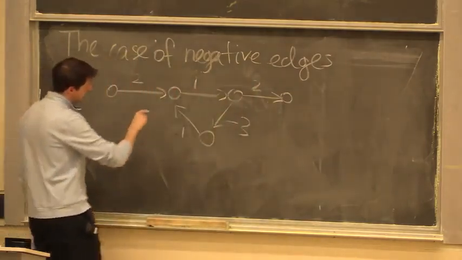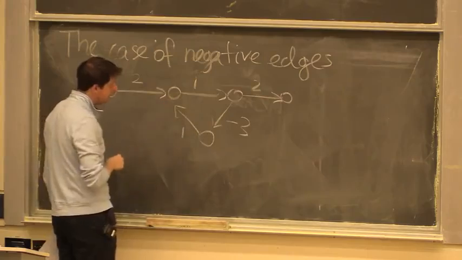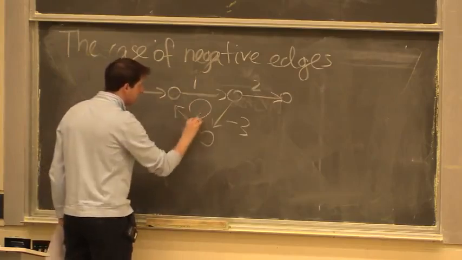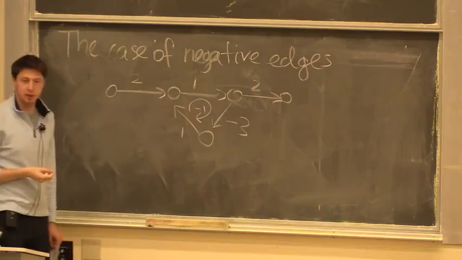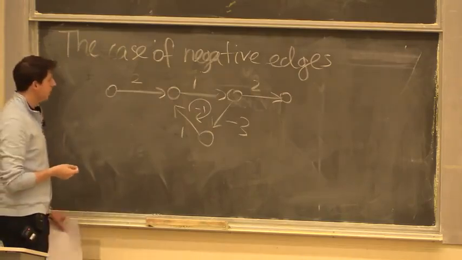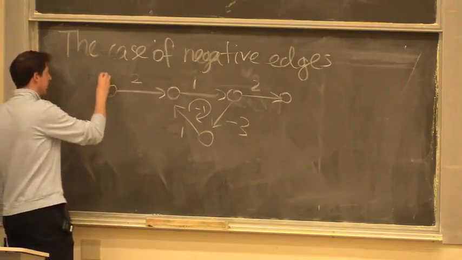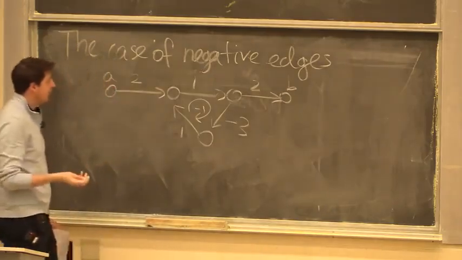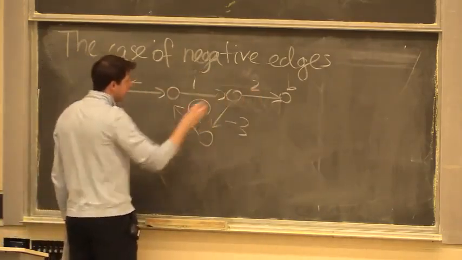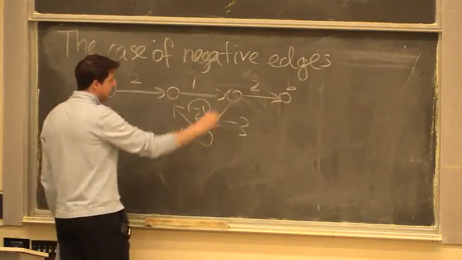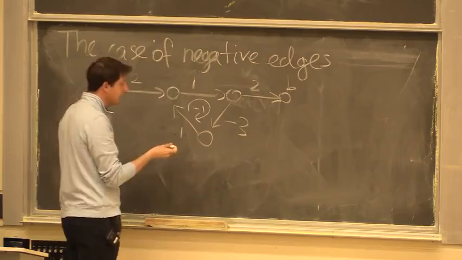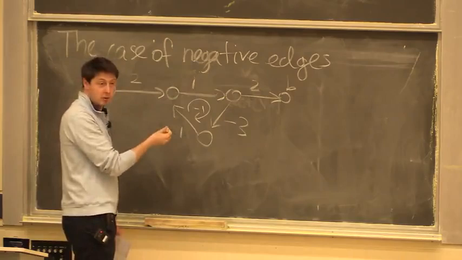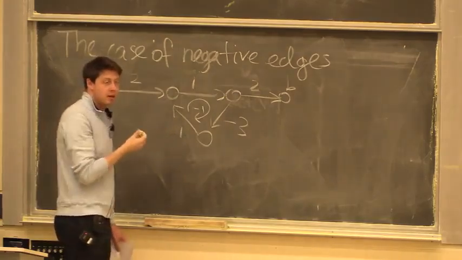If you add up all the contributions and go around this cycle once, it has total weight minus 1. So what is the shortest path from A to B? Well, it is ill-defined, because if you just take this path, it will cost you 5. If you go around the loop once, it will cost you less, which is 3. If you go around it one more time, it will cost you 2. So there is no answer.